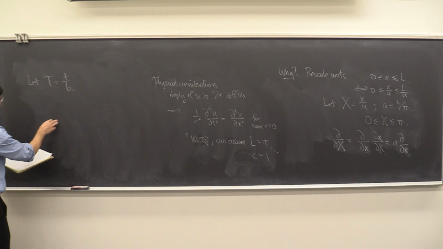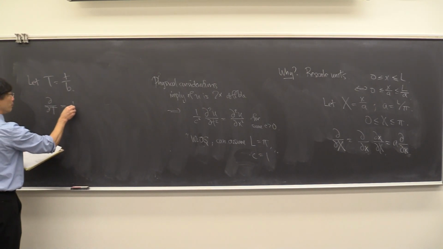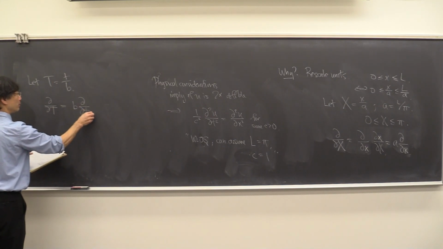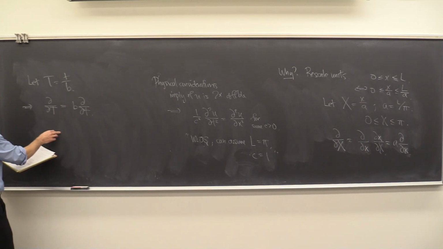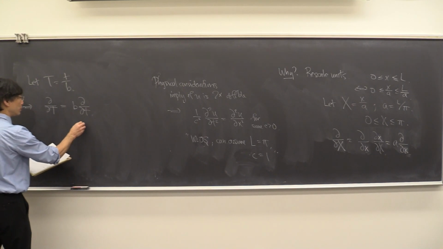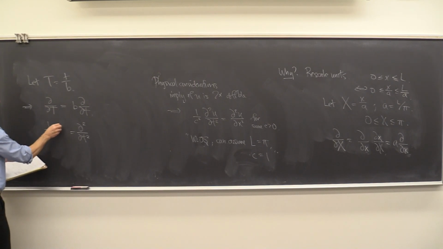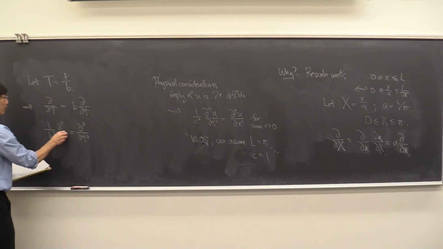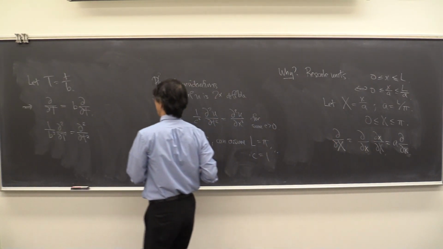And then similarly, when you differentiate with respect to capital T, you're going to get b times the partial with respect to little t, again by the chain rule. And so when you differentiate twice with respect to t, you get 1 over b squared, the second partial with respect to capital T. Similarly over here, same thing over here.